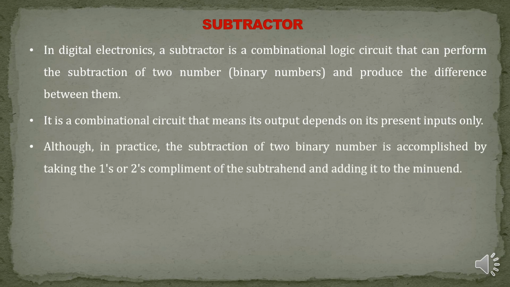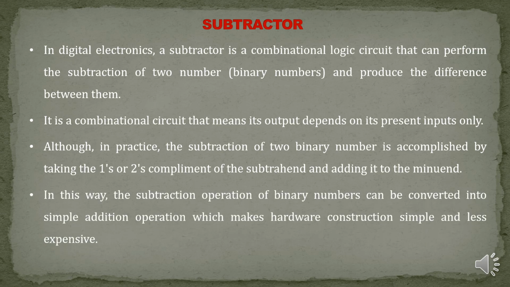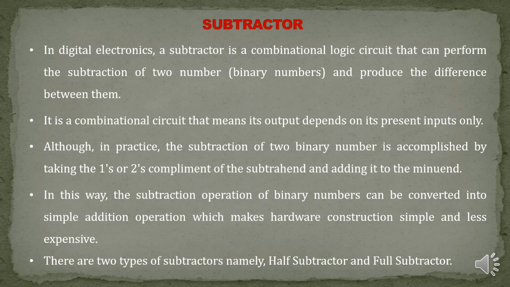Although in practice, the subtraction of two binary numbers is accomplished by taking the ones or twos complement of the subtrahend and adding it to the minuend. In this way, the subtraction operation of binary numbers can be converted into simple addition operation, which makes hardware construction simple and less expensive. There are two types of subtractors, namely half subtractor and full subtractor.